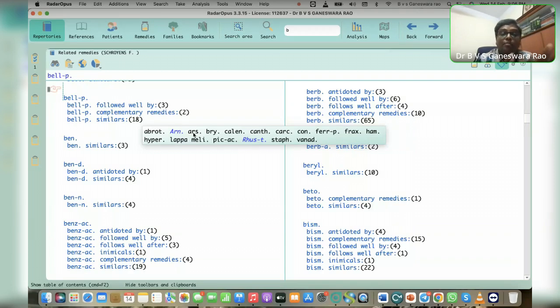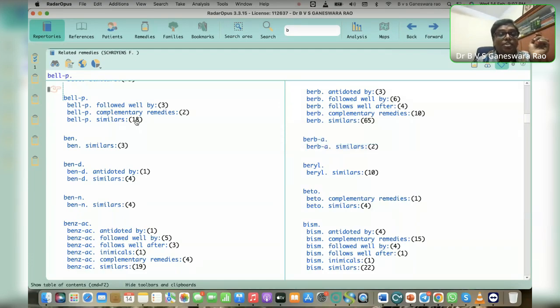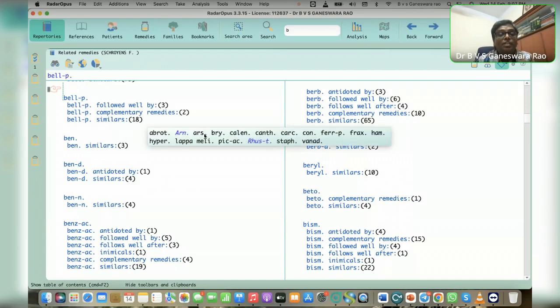And it should match with the state of the patient. In any given case, it should match with the state of the patient, not blindly. So here, Bellis perennis has similar remedies, 18 remedies mentioned. One of them is arsenic. So after Bellis perennis, I could prescribe arsenic from this point of view also.